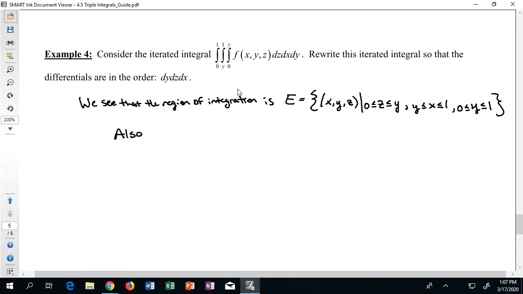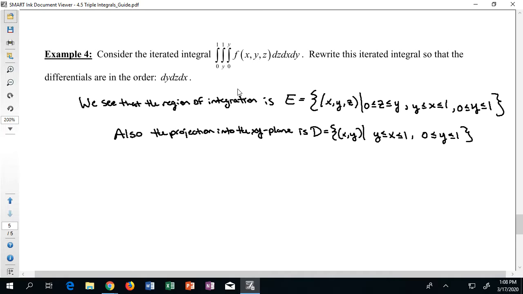I'll say also the projection into the xy plane is D, which is a bunch of x comma y points. And again, the bounds here are going to be the same. I'm just excluding that bound on the z. But from this, I might be able to at least draw what this picture looks like.